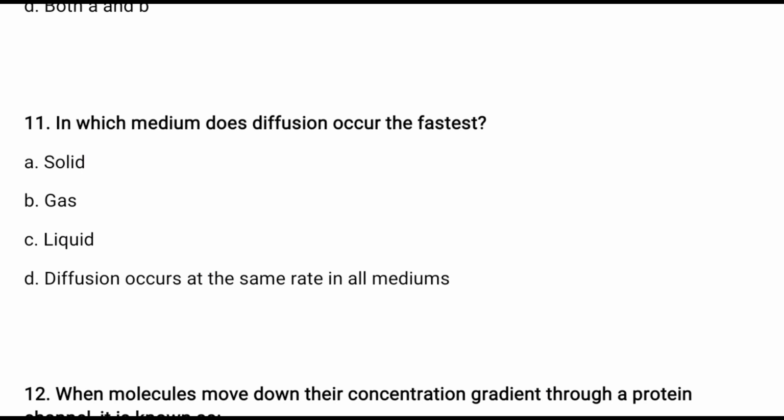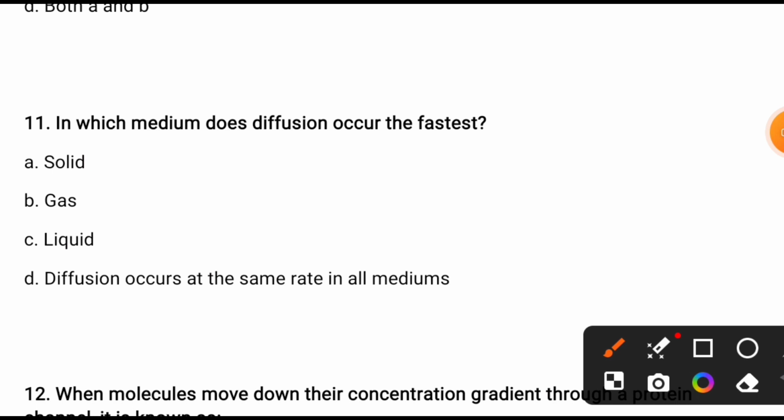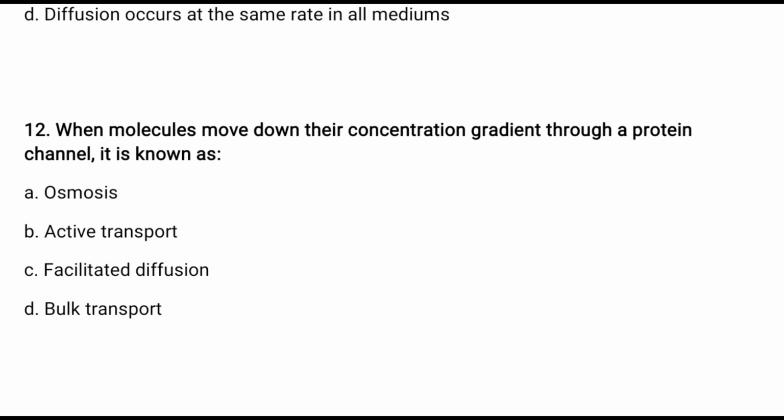So the correct answer is: diffusion of gases is faster than liquids, and diffusion of liquids is faster than solids. Gases are faster than liquids, and liquids are faster than solids. That is the correct answer. Let's see the next question.